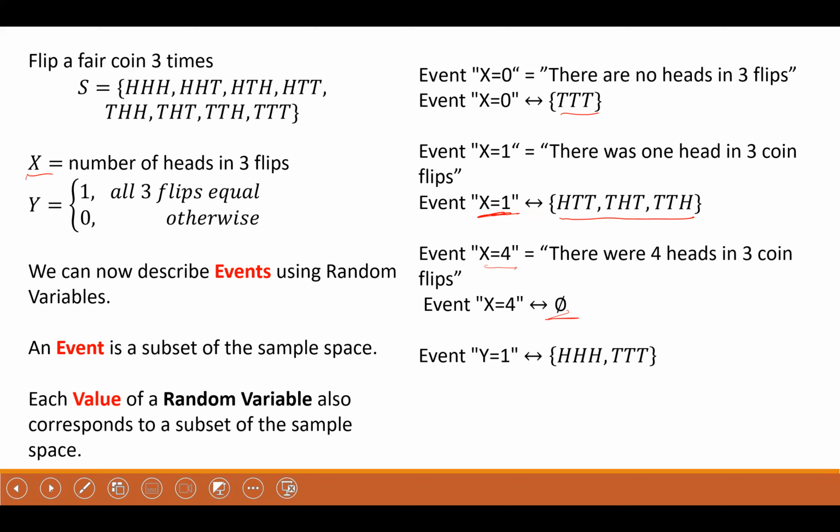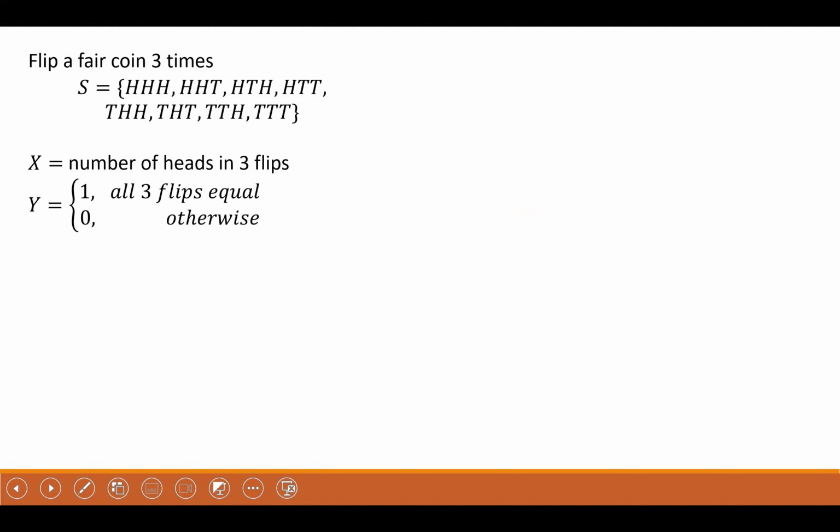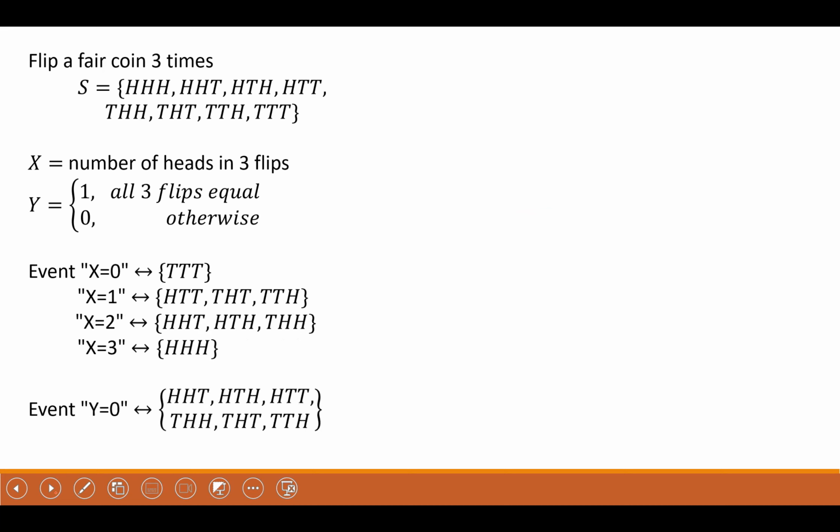For event Y equals 1, all three flips are equal. I have heads, heads, heads, or tails, tails, tails. And event Y equals 2 is, of course, the empty set. Yeah. So if I listed out all of the non-empty events associated with my random variable X, I have X equals 0, X equals 1, X equals 2, and X equals 3.